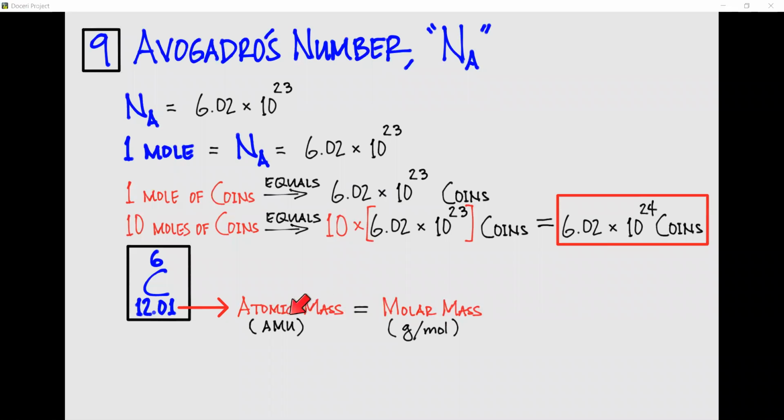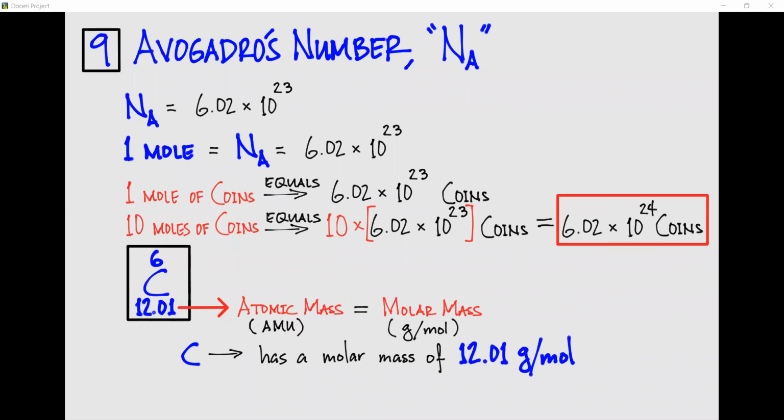The atomic mass uses the atomic mass unit, AMU, and molar mass uses grams per mole. Okay, so that means that carbon having an atomic mass of 12.01 AMU has a molar mass of 12.01 grams per mole. Again, the difference here is the unit here, grams per mole.